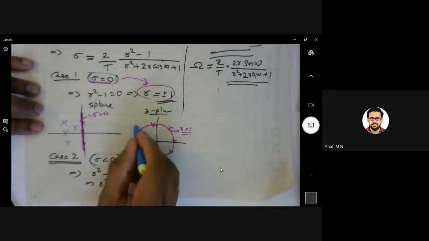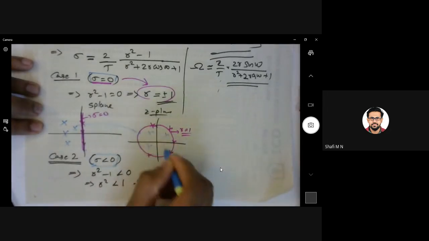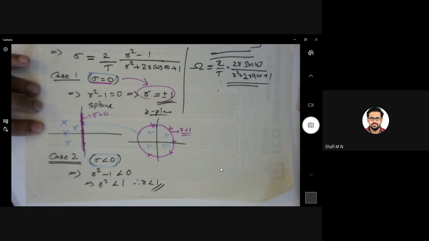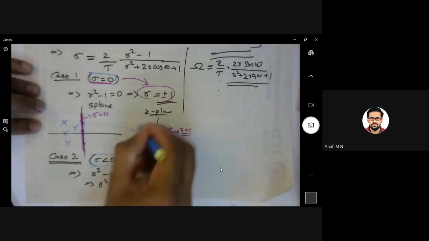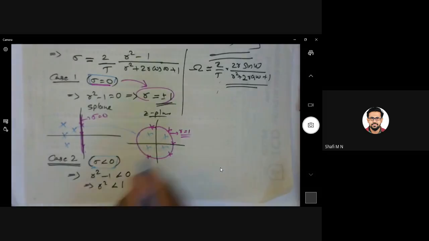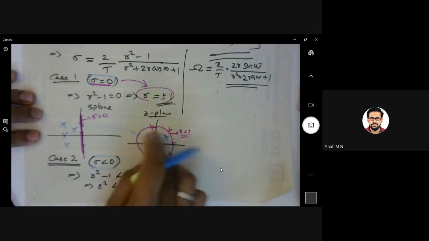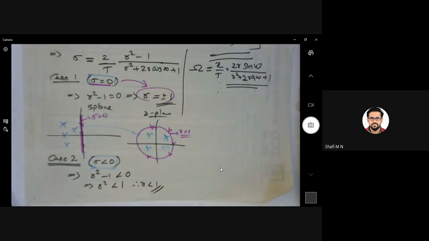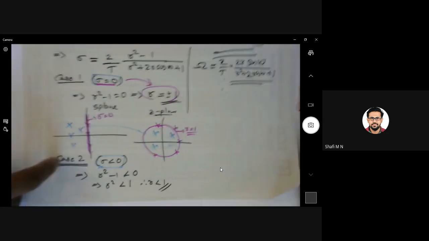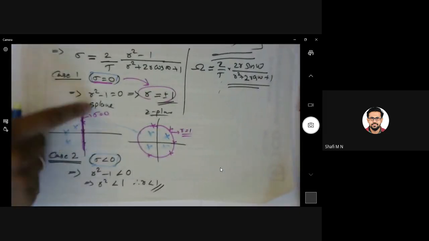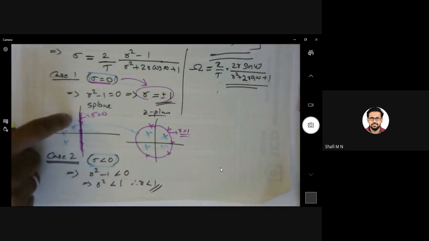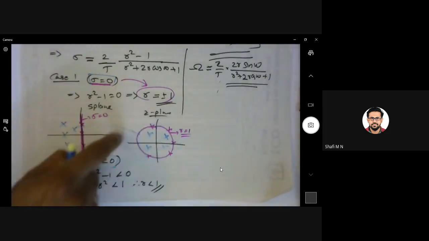So when they are mapped, they come within the unit circle. R equal to 1 was exactly the unit circle, and r less than 1 is inside the unit circle. So here also they are safe because they are in the region of stability. So we have analyzed all the stable S-plane poles, and we can prove that all stable S-plane poles are mapped to stable Z-plane poles.